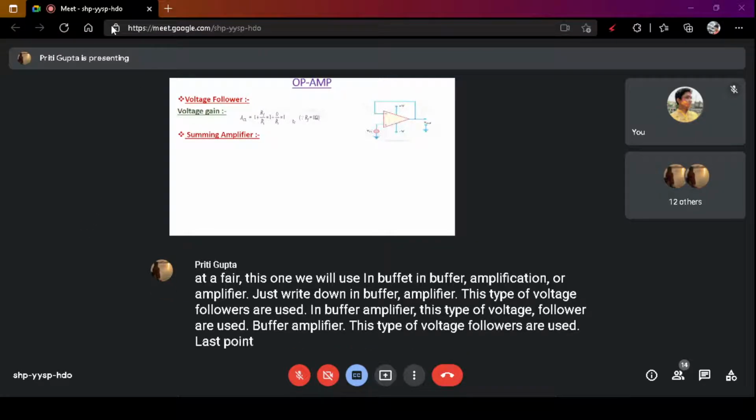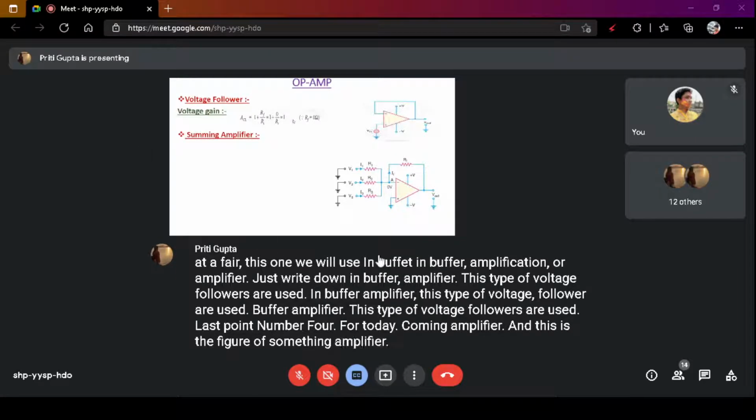Last point, number 4 for today: summing amplifier. This is the figure of the summing amplifier. Draw this one.